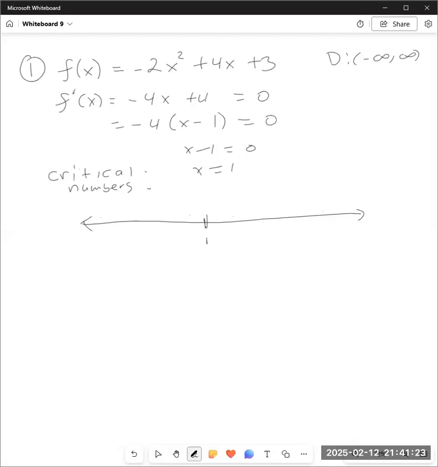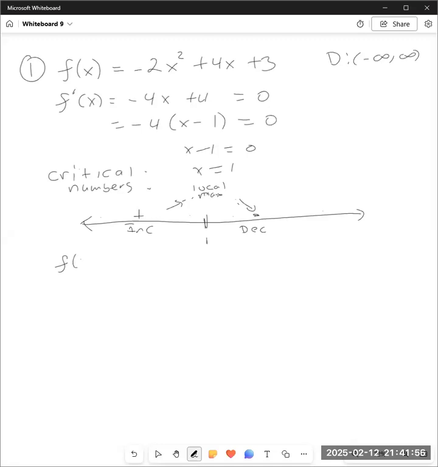Negative 4 times a negative 1 is a positive 4, and that means that we're increasing. And then to the right of 1, like 2, 2 minus 1 is 1. 1 times negative 4 is a negative 4, which means that we're decreasing on this interval. We go up and then come back down. There's a local max at x equals 1.